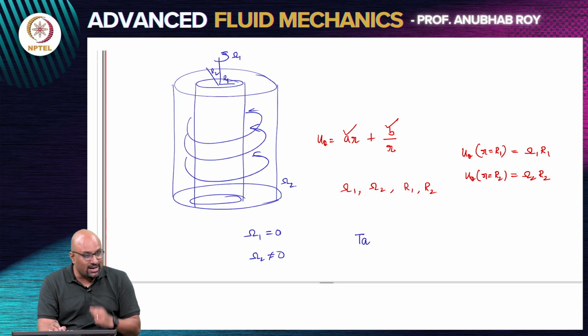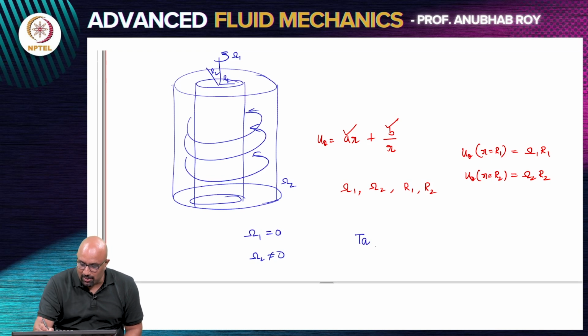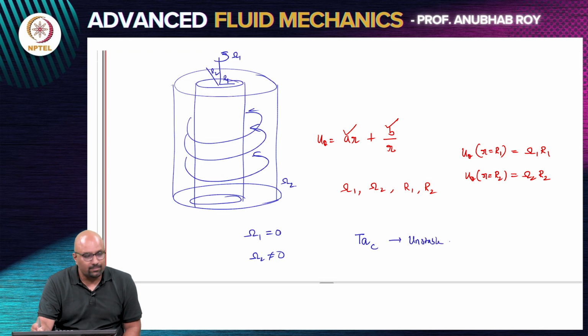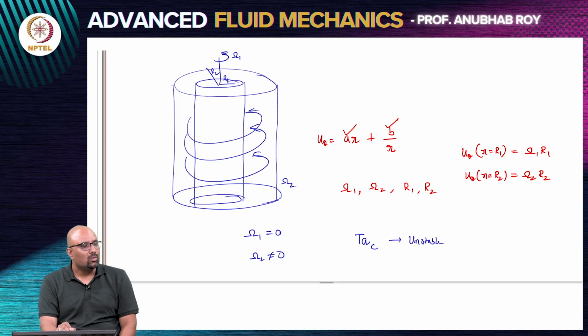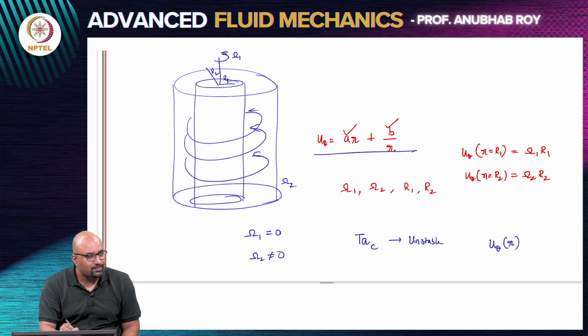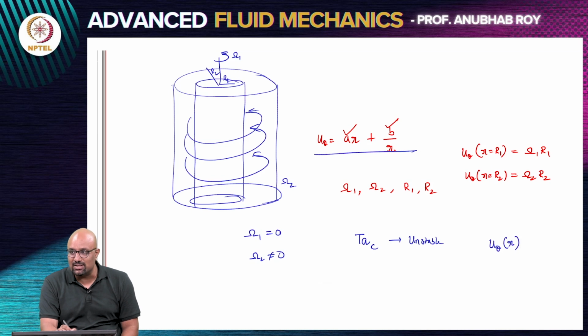And if you keep increasing the Taylor number, at some point this problem is going to become unstable, which means that the base state solution that we derived, u theta is equal to r, this will cease to exist.